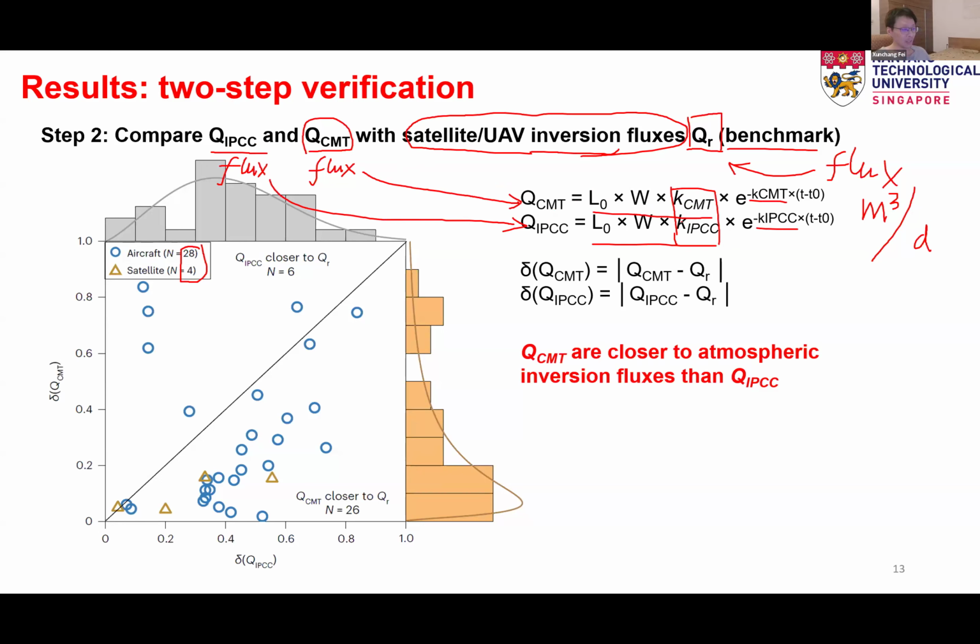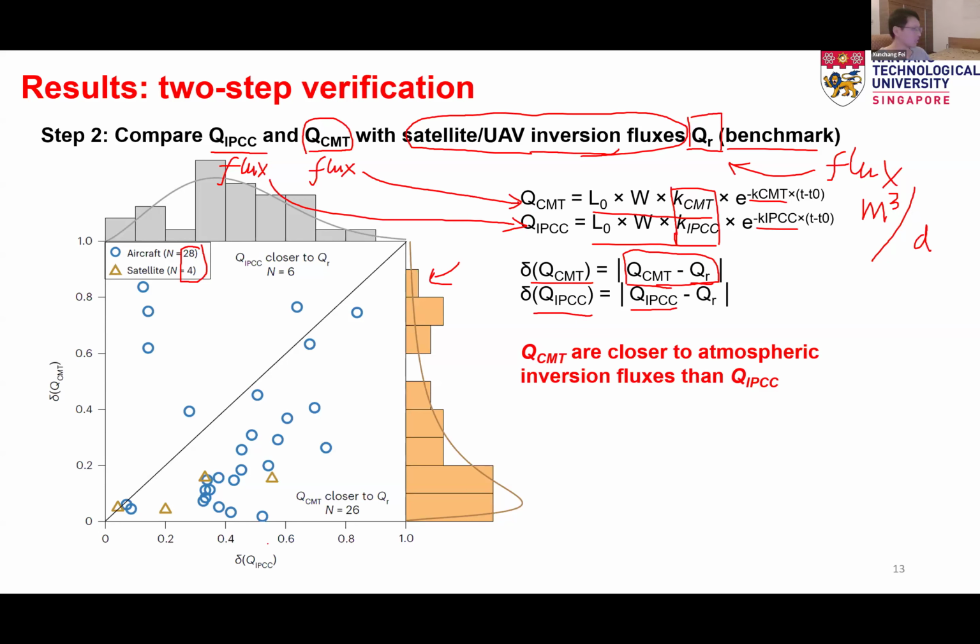And then we take another small step to get the difference between QCMT and QR. Basically, the error of the QCMT calculation. Take this error as delta CMT. That is one of the axes on this figure. And then the other error, the IPCC error, as the delta IPCC, also shown on this figure, right?